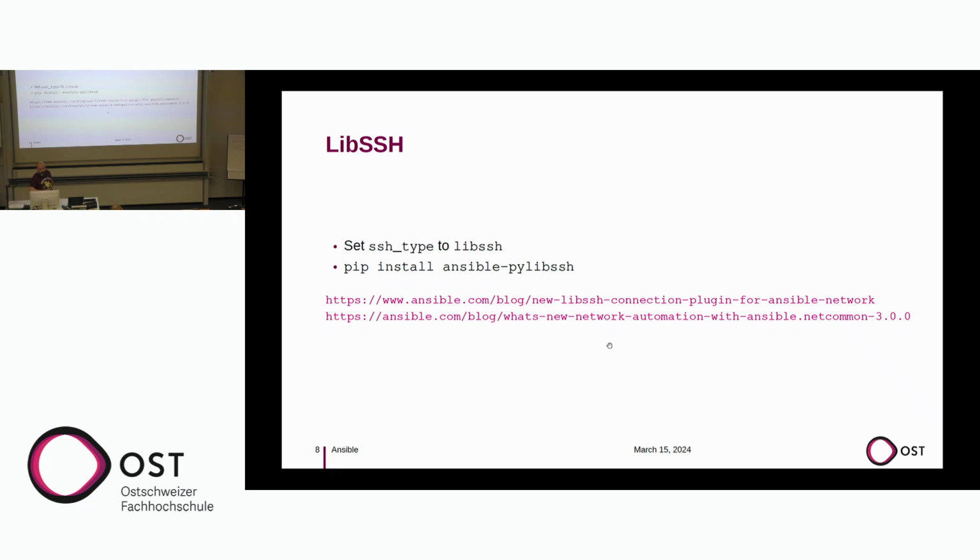Here are two blog posts that explain in more detail why this was developed and how we can benefit. It still has a fallback to Paramiko. If this is not installed, you will probably get a warning, but I recommend just adding it to your normal dependencies, so it is installed and you can use the new library.